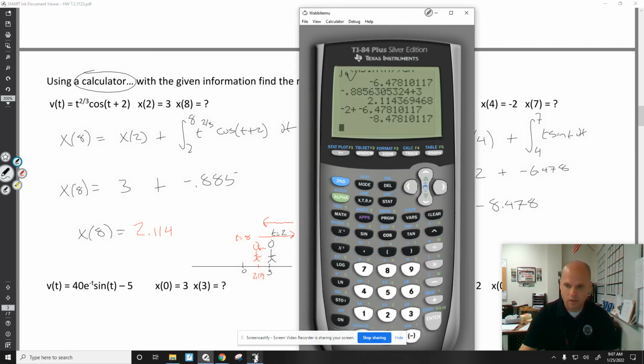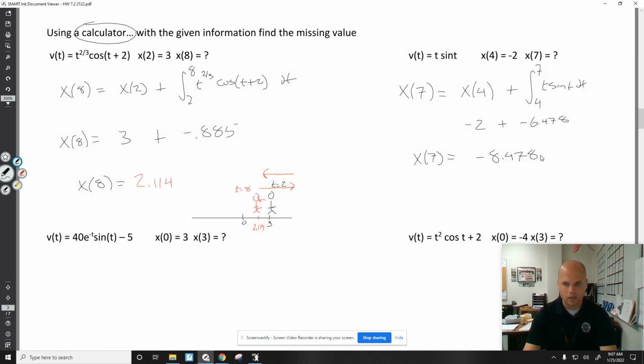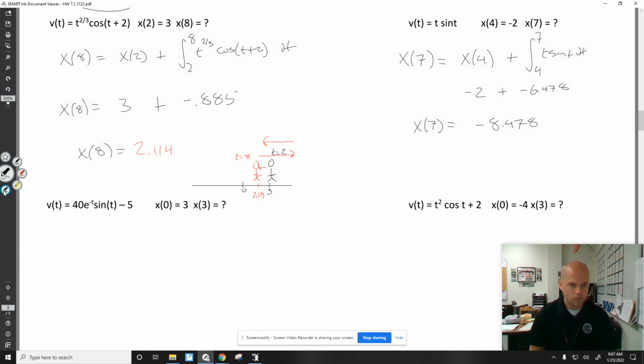Let's see what the graph of my velocity looks like, and let's understand the movement of my dude from the 4th to the 7th second. All right, so my dude's moving left a bunch, and then he moves to the right a little bit. So here's my dude. He starts at a position of -2.